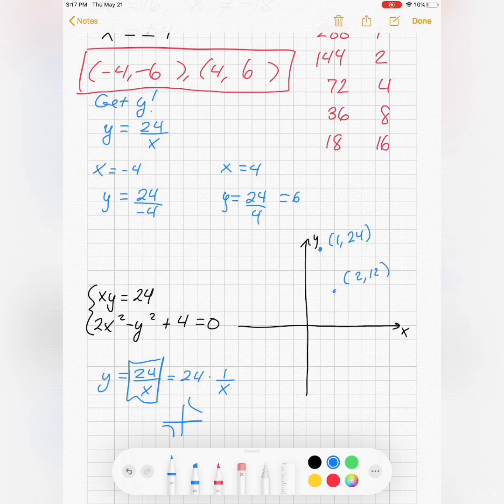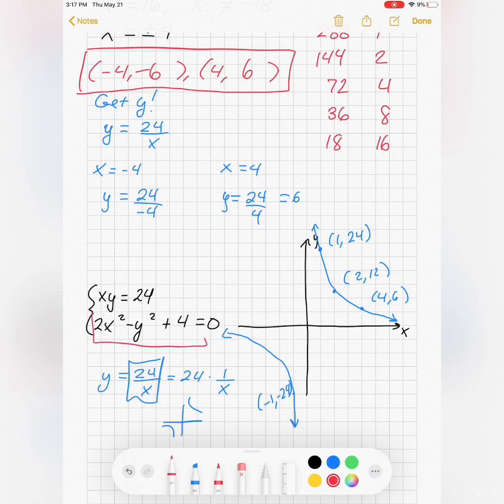If I plugged 4 in there, I'd get 6. Something like that. This is a reciprocal function, but stretched. Now this is symmetric, so I'd have negative 1, negative 24, etc. Rough sketch.